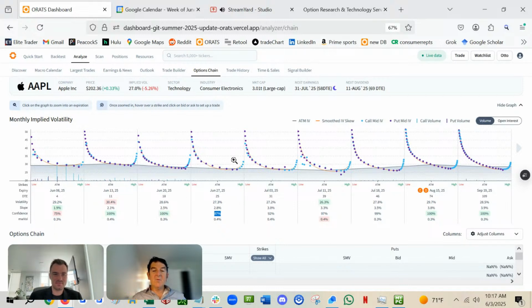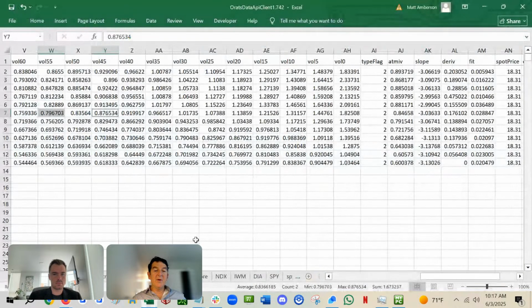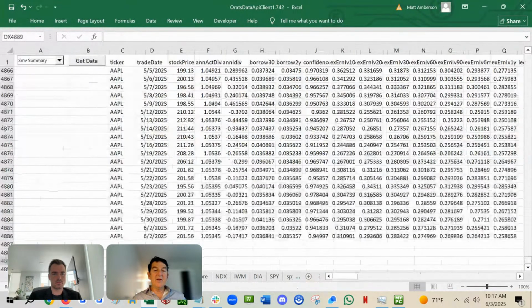Yeah. So let's go back to what we were talking about in the resources. We've gone through strikes, we've gone through monies. The next thing is the summaries. The summary is kind of my favorite part. In data history, I pulled up all of Apple's history in one click.